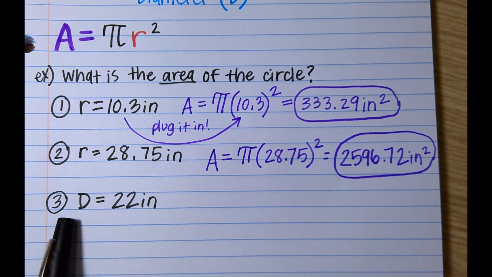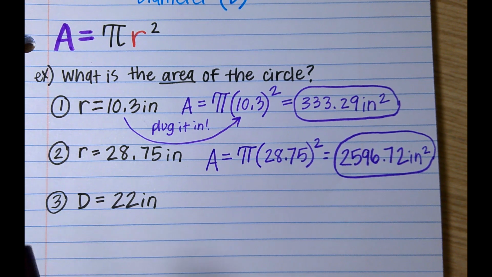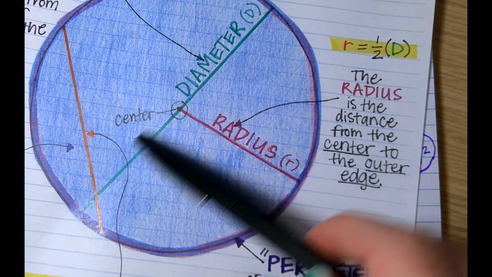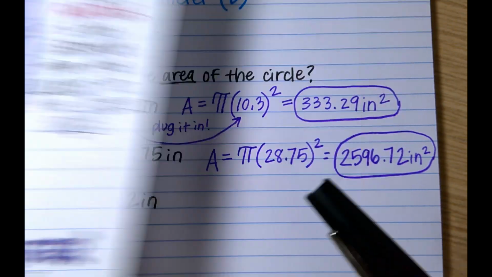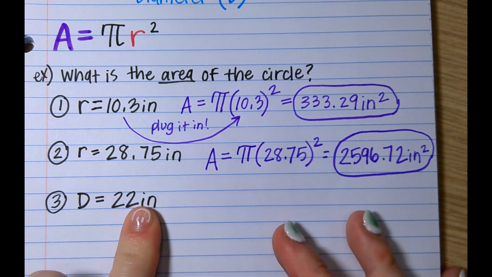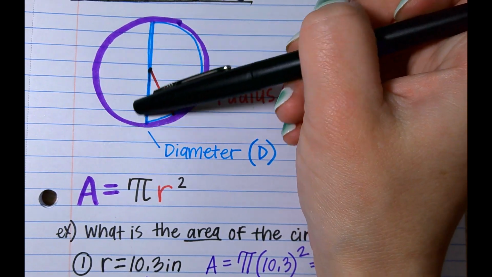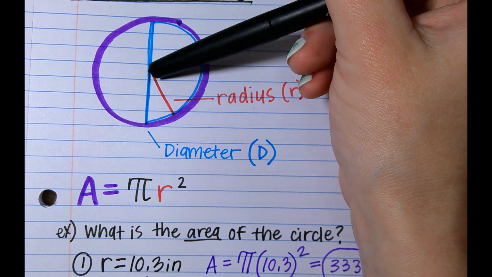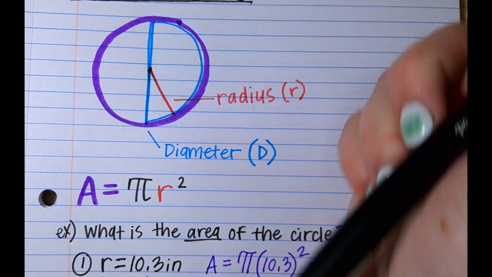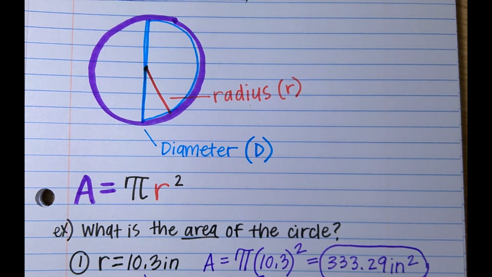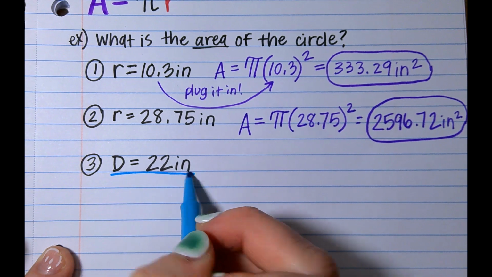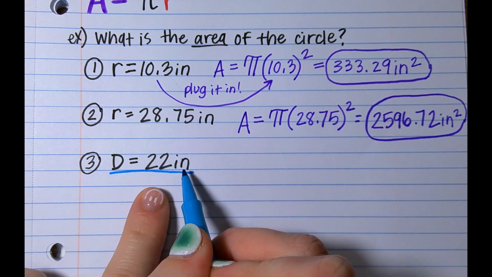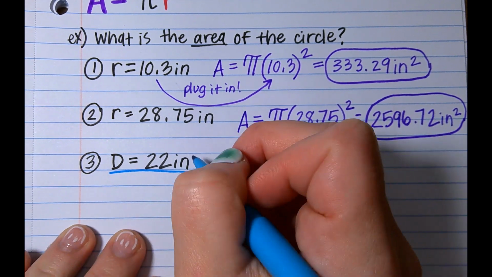Yes. So we learned that the diameter is all the way across the circle. The radius is only halfway across. So if I know the diameter is 22 inches, that's this blue length. To get the radius, I need half of the diameter. I need to divide by 2. So let's write a little note down here. This is the diameter. I need to solve for the radius first.